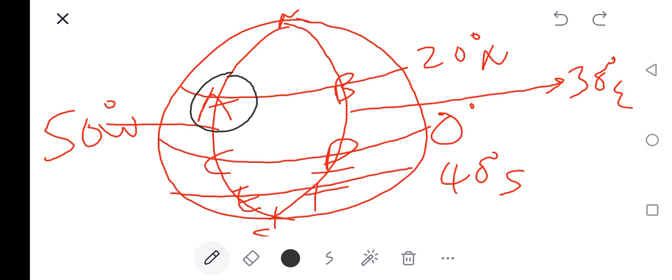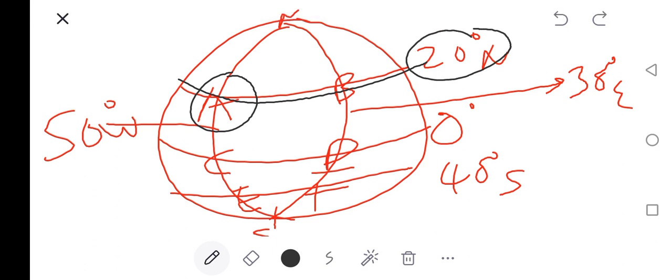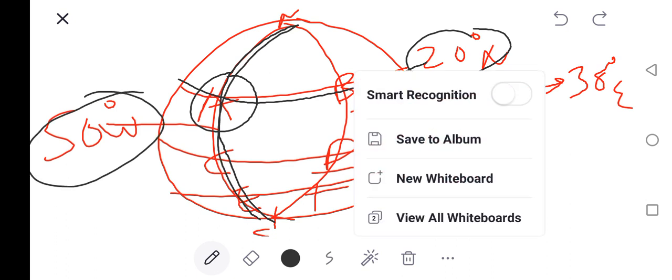Its latitude is on circle 20 degrees. And then you go to its longitude, which is here, long. That's why it's longitude. Okay? This one, its longitude is 50 degrees. So we write like this: A is on 20 degrees north and 50 degrees west.